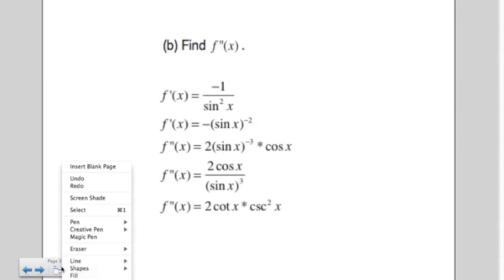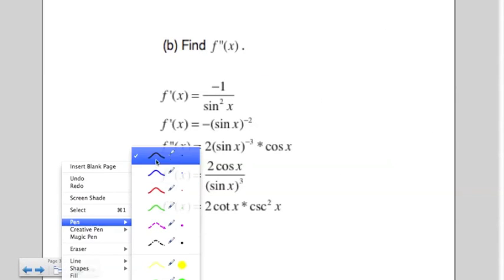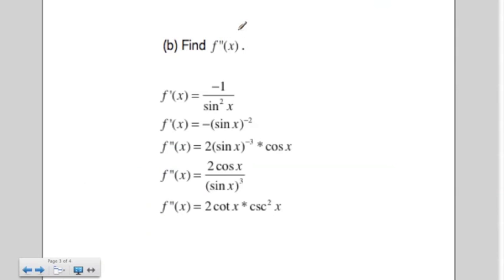Here's the second part of my question. Part B asks you to find the second derivative of f of x, where f of x was cos x over sine x, and the first derivative of that is -1 over sine squared x. Now, to find the second derivative, it may be easier to think of the 2 out here as an exponent.